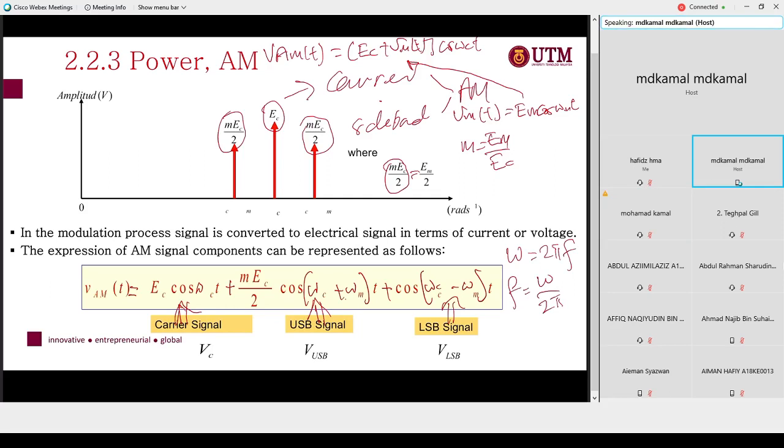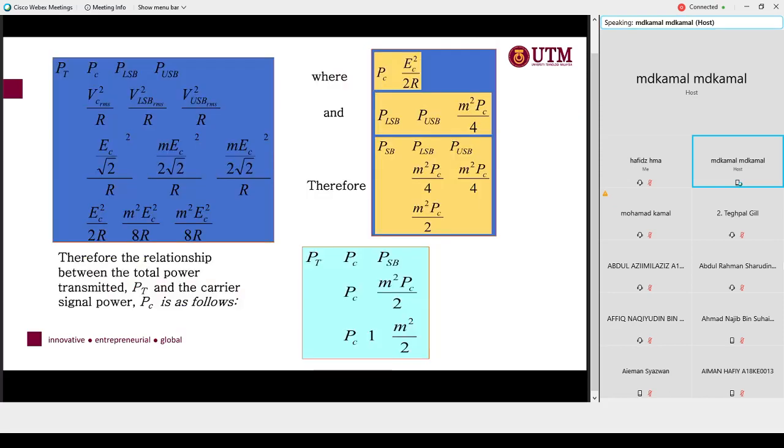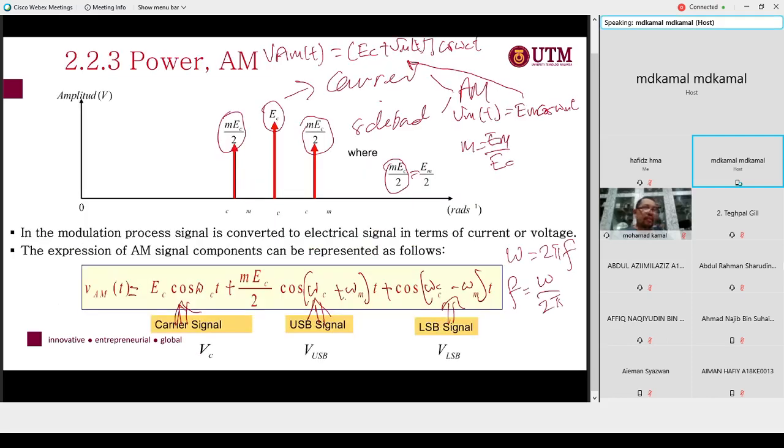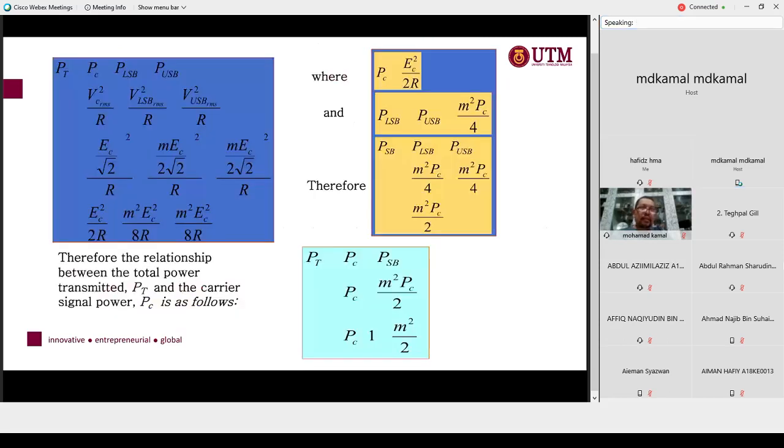Okay, right. Let's say we look in terms of the total power. If you want to add all together, the total power is equal to Pc plus P lower sideband plus P upper sideband.